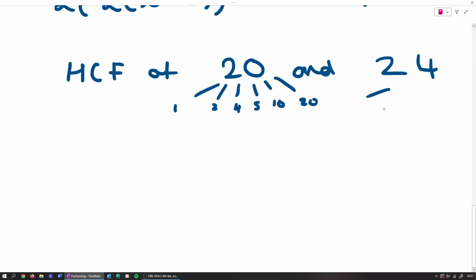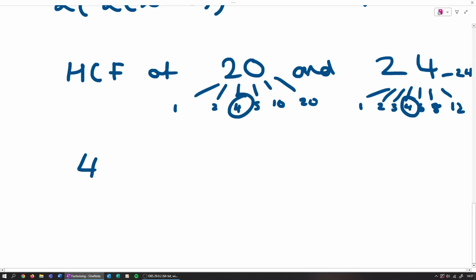Factors of 24, we're going to have 1, 2, 3, 4, 6, 8. I'm going to continue below because I'm running out of space. Actually, I might be able to fit one more on there. 12. Actually, we can fit all of them. And 24. Okay? The highest common factor here is, let's have a look, 4.